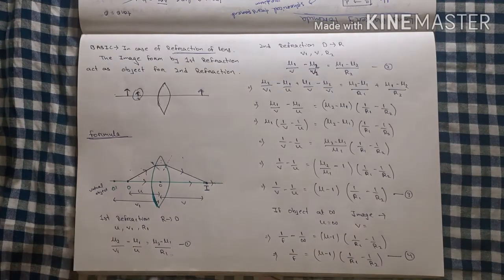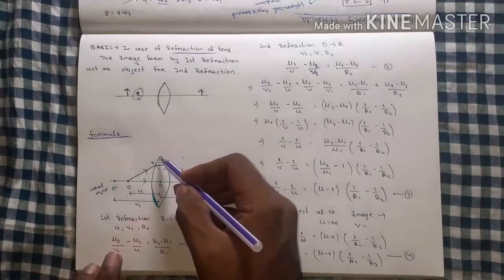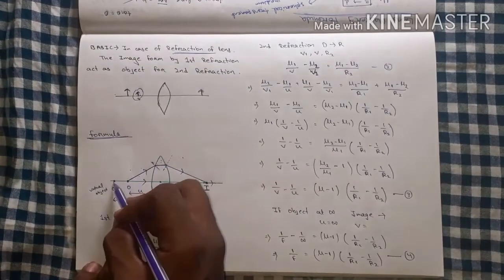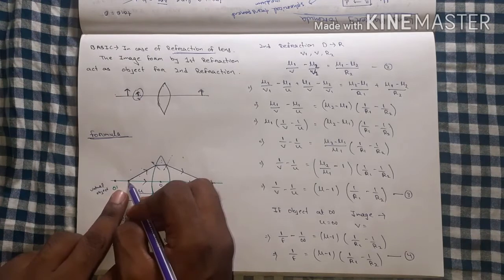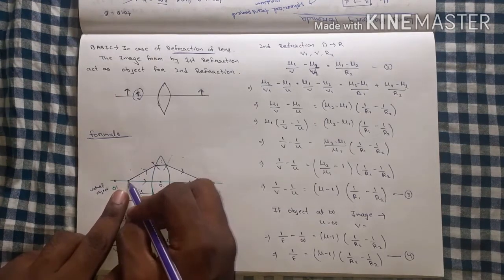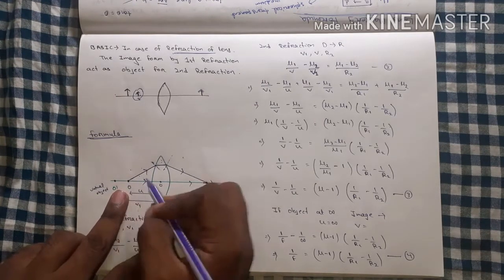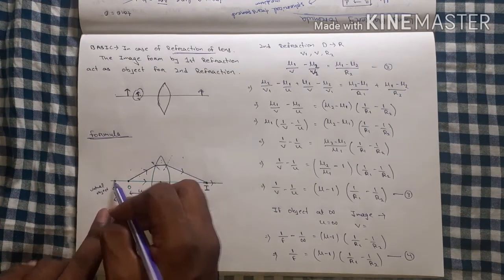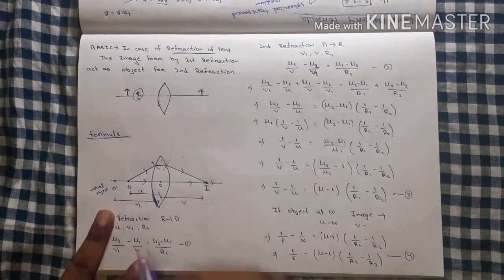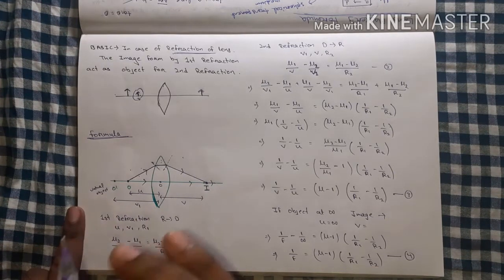Then listen, for the first refraction the image will be here, yes or not, and the object is this. For the first refraction the object is this, so it is the object distance. The image is this, so it is the image distance. Yes or no?